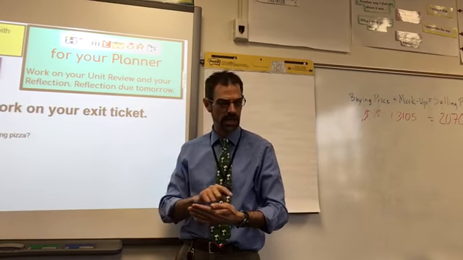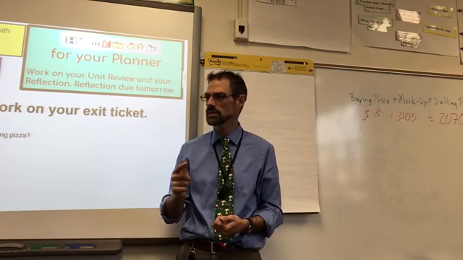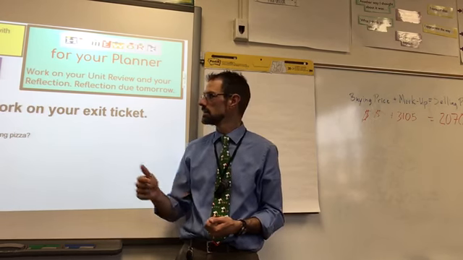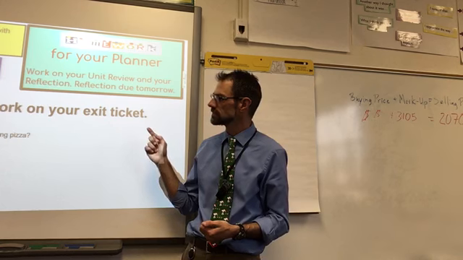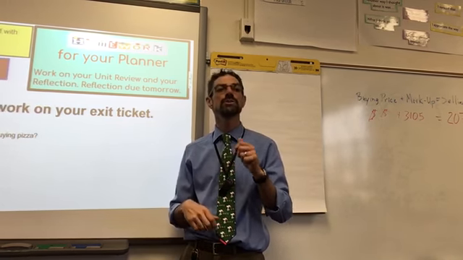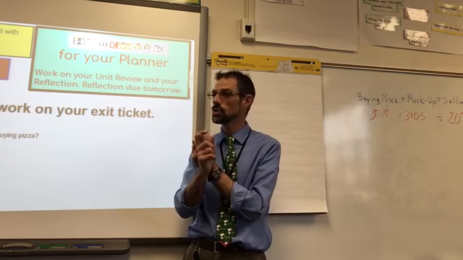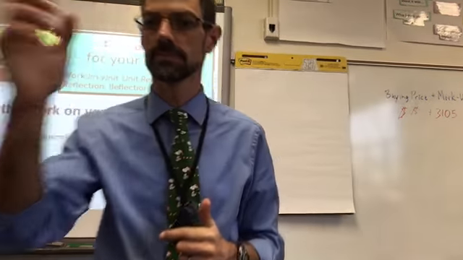You can use a calculator, but your work has to be in your exit ticket. Calculator only does the math. If you finish that and show me your plicker, then you can work on your reflection, make that better, or you can work on your unit review.